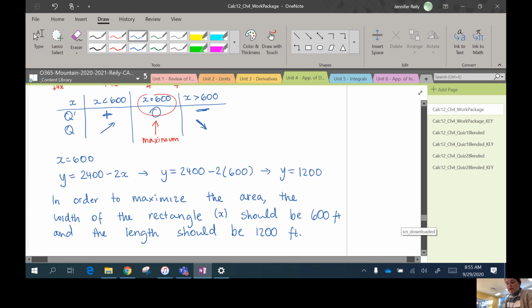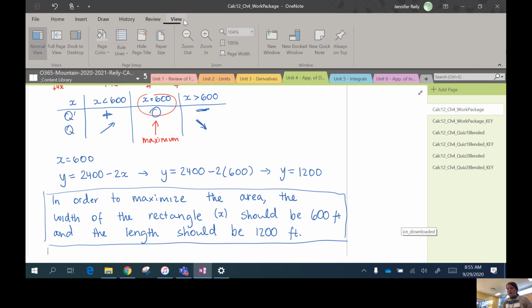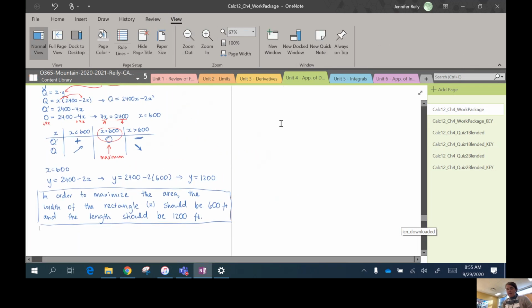Notice I've used units in my solution. That's important as well. Okay, done.